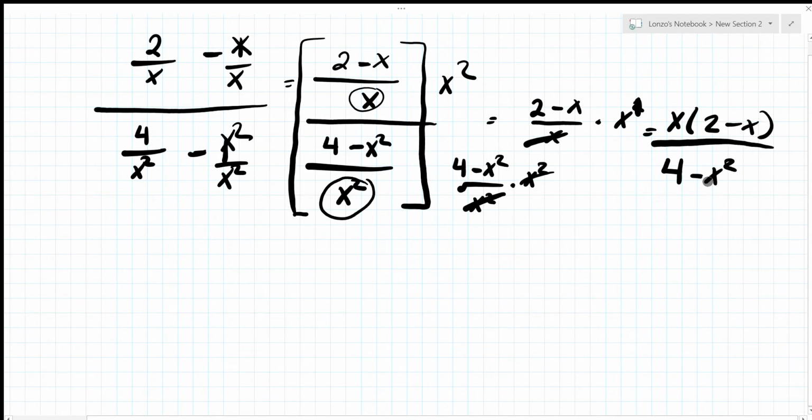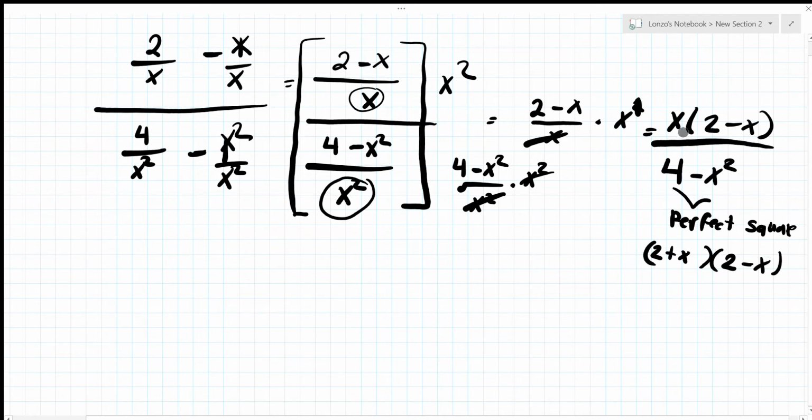Now let's look at this 4 minus x squared. This looks very familiar. This looks like the perfect square, right? So I can write 4 minus x squared as 2 plus x times 2 minus x.